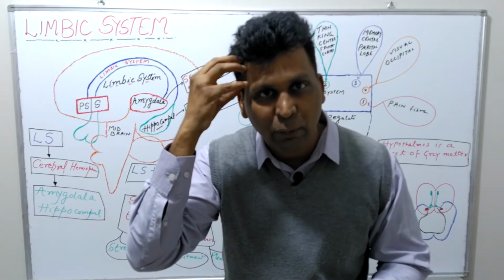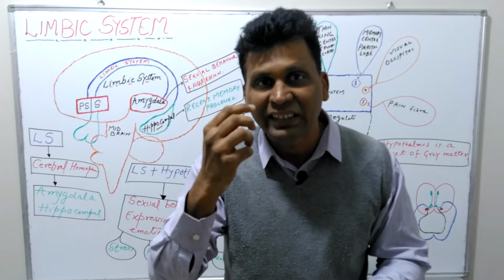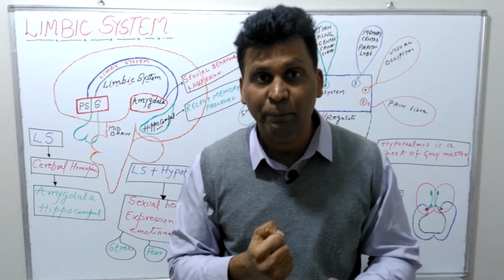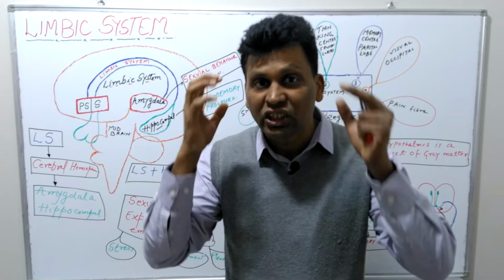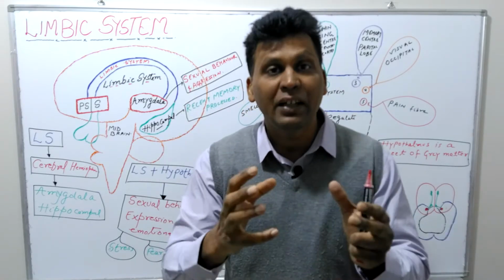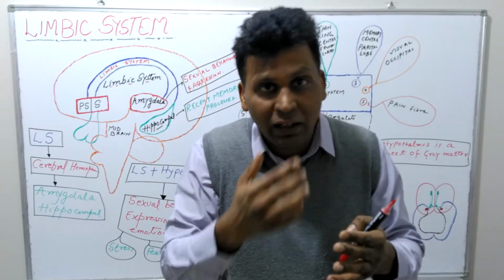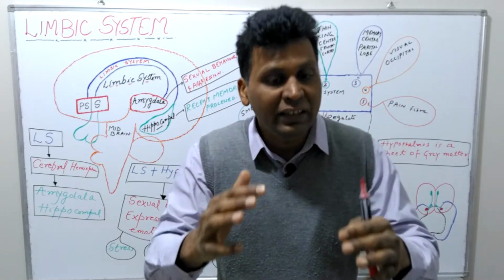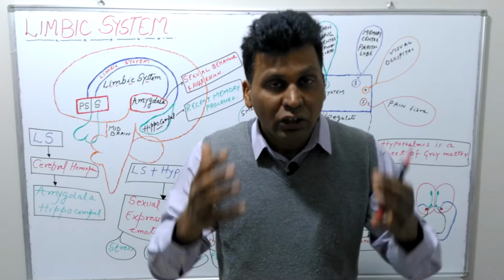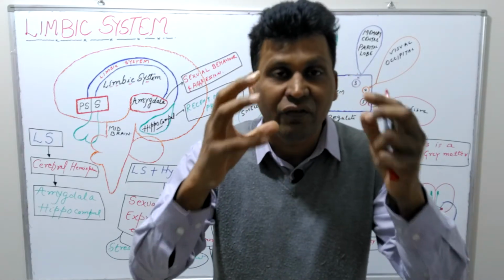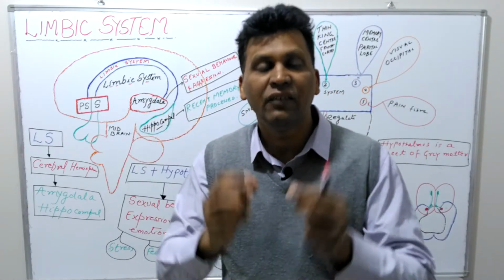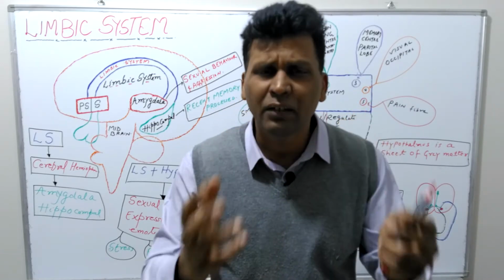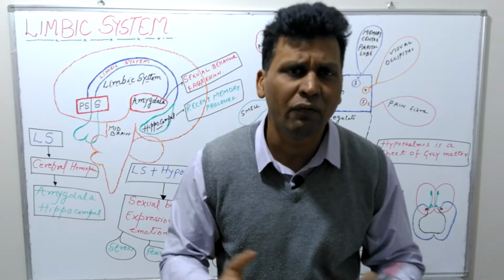Some area is the thinking center, some the smell center, some the visual center, some the stress and fear center, and some areas are related to memory. So in the brain there are different types of structures dealing with different types of function.